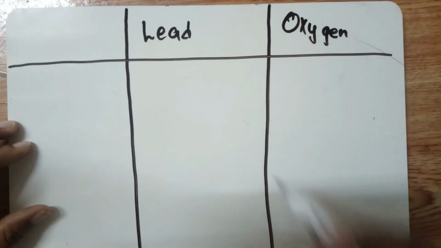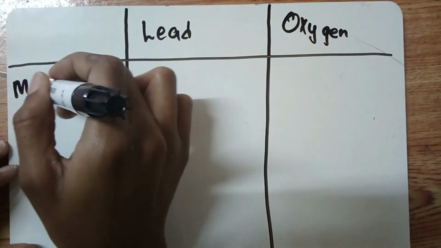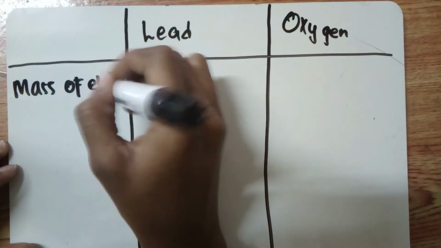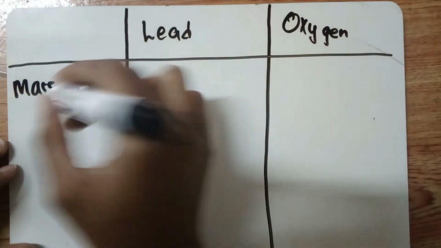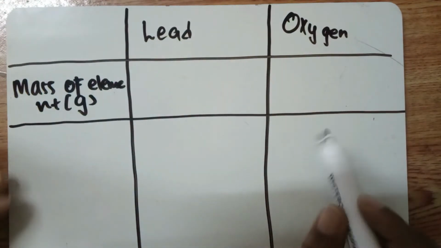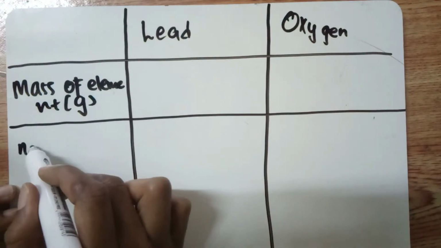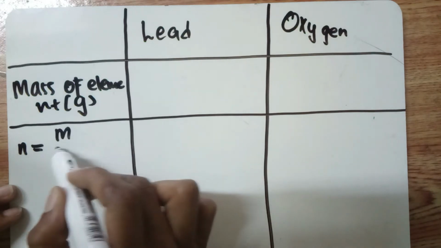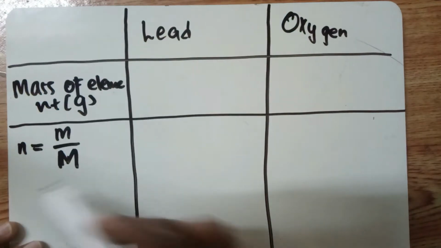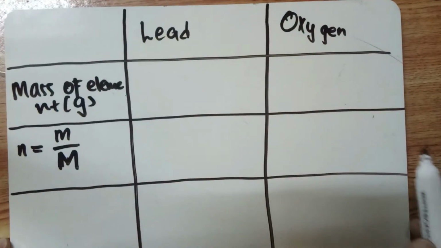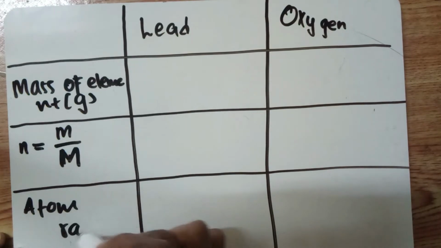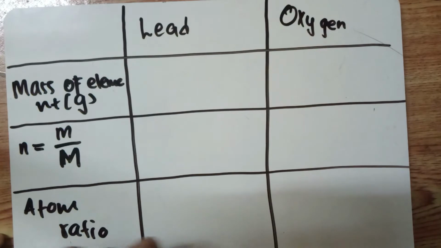Then on this row you write the mass of the element, which we know is measured in grams. And then here it will be the number of moles. Remember, the equation for our number of moles is small m divided by big M. And then finally, here I'll write atom ratio. And you'll see what that is shortly. Cool, right?